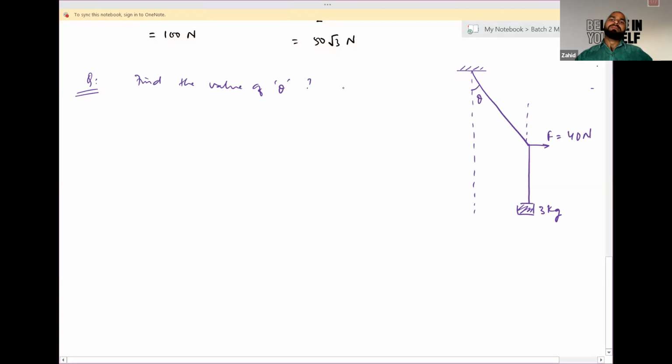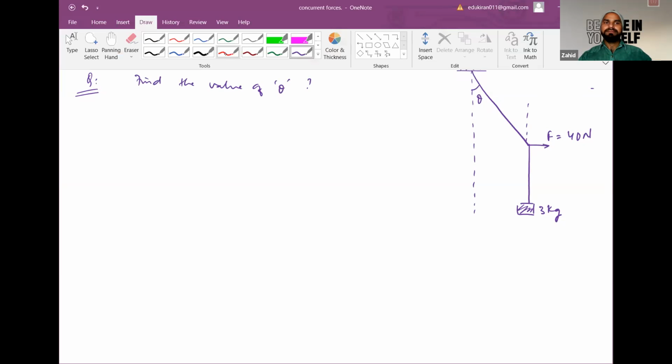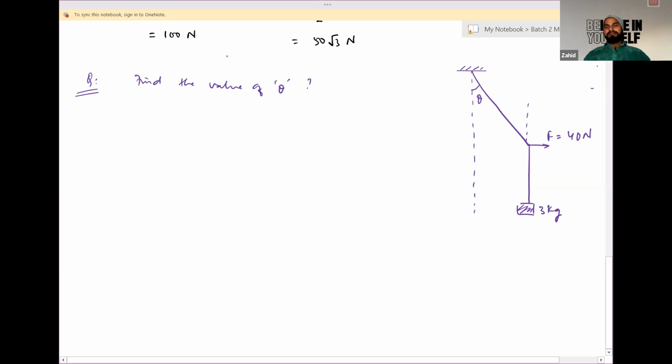Just use the previous concept of resolution and try to find the value of theta. Draw a vertical line and a horizontal line. There will be tension in this direction, T. This angle and this angle will be equal according to alternate interior angles. Now, resolve the components of this tension with respect to theta along the vertical and horizontal paths and equate them. You will get the value of theta.